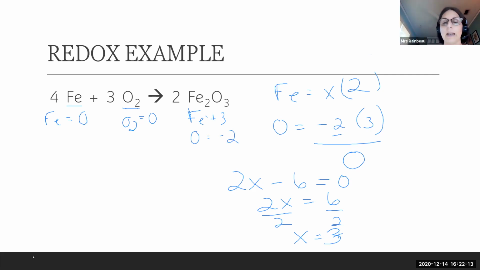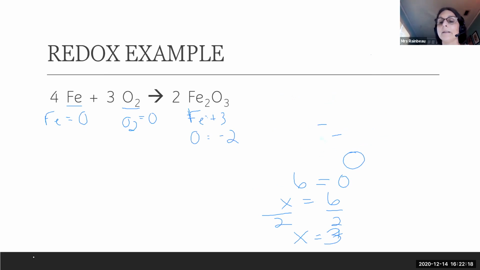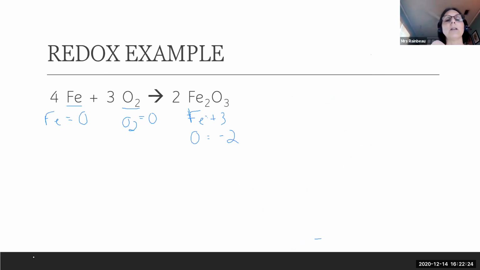All right, so now that we've done all that, let's look to see, is this a redox reaction? And it would be a redox reaction if there's a change in the charge. So we look over here and we see here's iron, here it's 0, and then its charge changes to +3 over here. So this is a redox reaction.